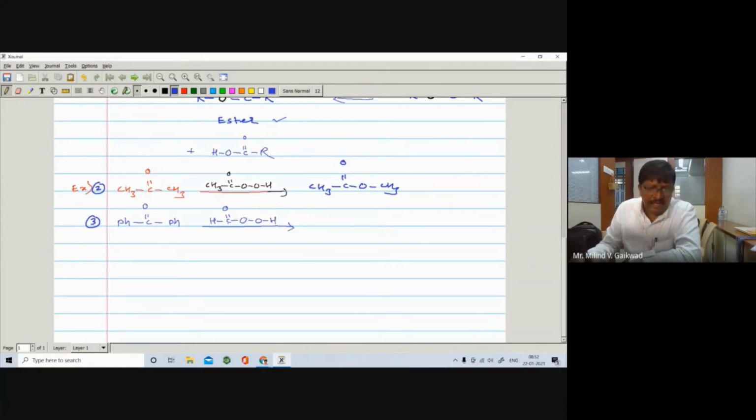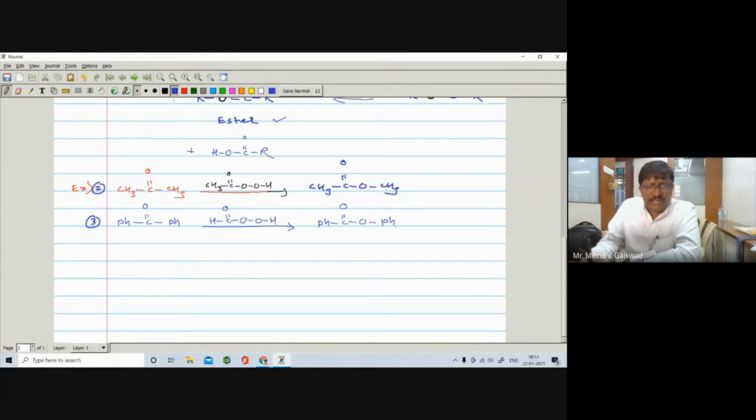We introduce oxygen between the carbonyl carbon and the benzene nucleus, so you get Ph, C double bond O, O, Ph, which converts into the corresponding ester. In this way we can take a number of examples when both alkyl groups are the same.